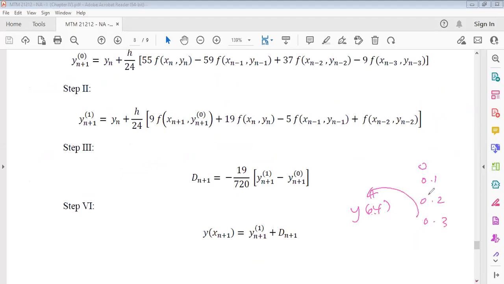That's what we are doing. The x values we know. Using dy over dx, we can find the y value, or otherwise they may give you the y value, so no problem. Using that, you find the corrector value plus the difference, which we call the finalized answer. So this is actually the Adams-Moulton method.